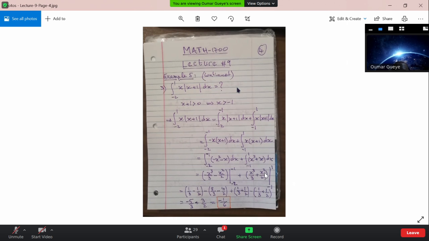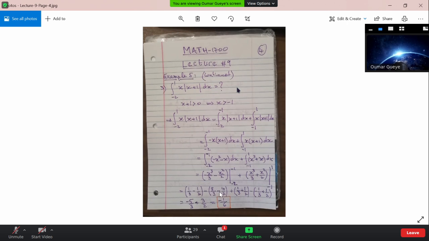From the second integral, you get almost the same thing. When you calculate the first bracket here, you can see when you substitute x by -1, you get -1 to the power 3, which is -1, and with this minus sign, it becomes +1 over 3. And -1 squared is going to be positive over 2, you get the second term.